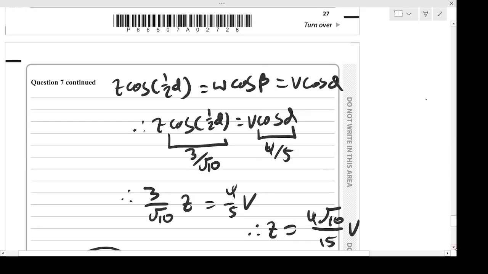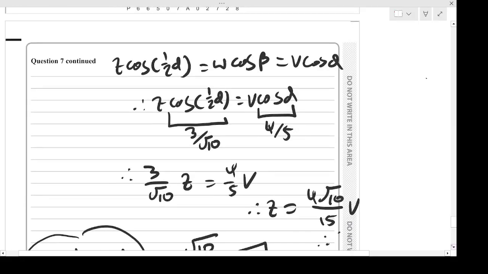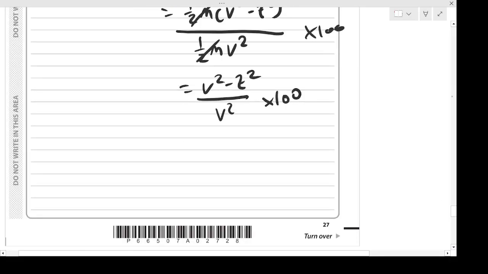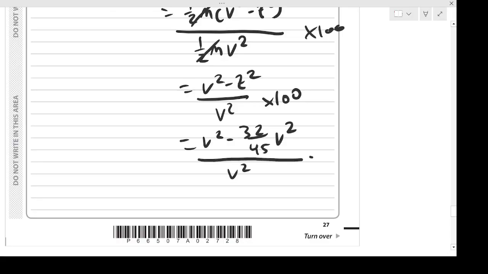So if I square that now, z squared is going to be 32 over 45 v squared, and I can substitute that into my percentage. So I can simplify this to v squared take away 32 over 45 v squared for z squared, divide by v squared times by 100.